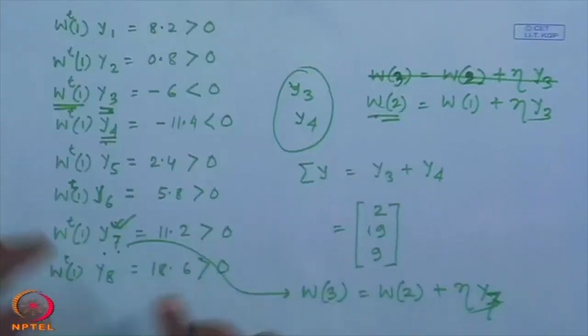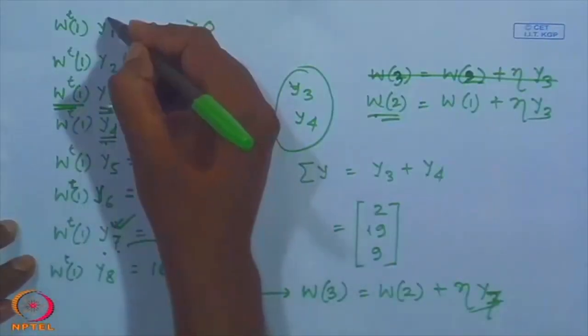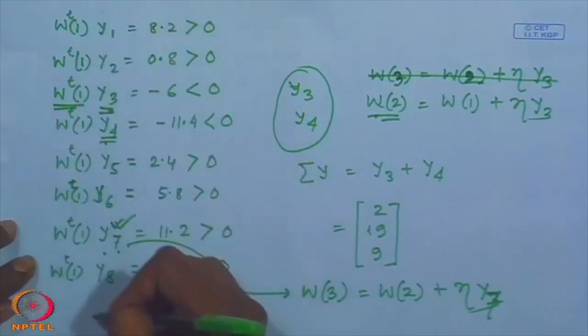So, whenever I get a misclassified sample, immediately using that misclassified sample, you modify the weight vector. And in a complete pass, if I have a W where for the same W, y1 to y8 are all correctly classified, I will take that W to be my solution vector. Okay.